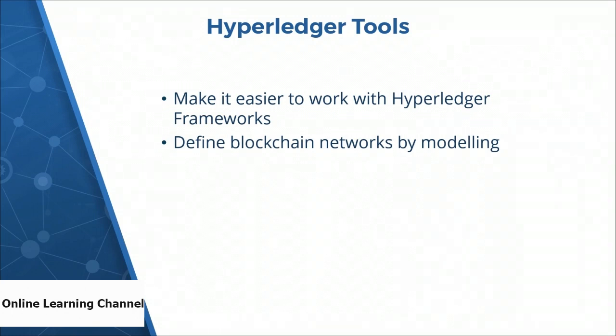Here you can make use of business-level abstractions to define the various assets in your blockchain network, the different participants, as well as the type of operations which are permitted. So while the users work with the high-level requirements, the nitty-gritty of the implementation is handled by Hyperledger Composer itself.